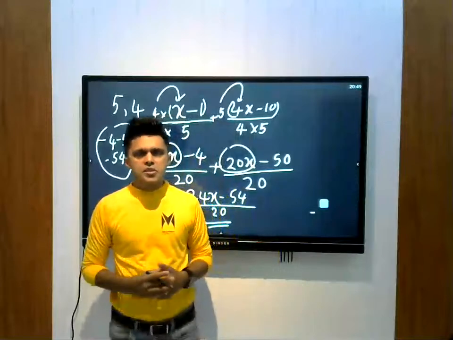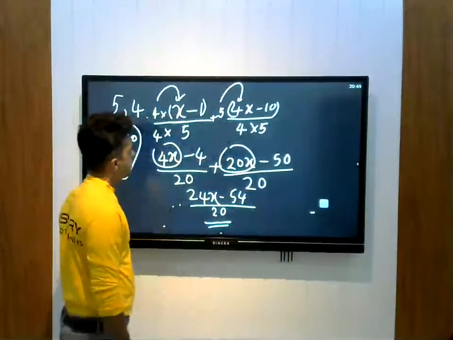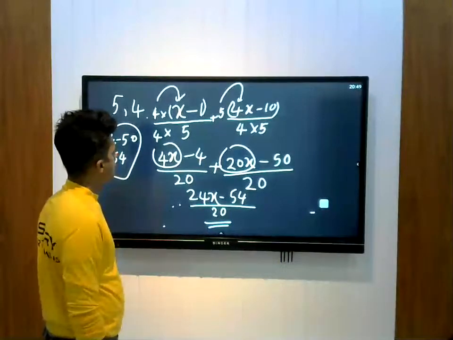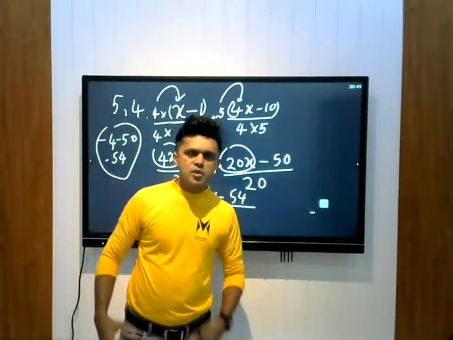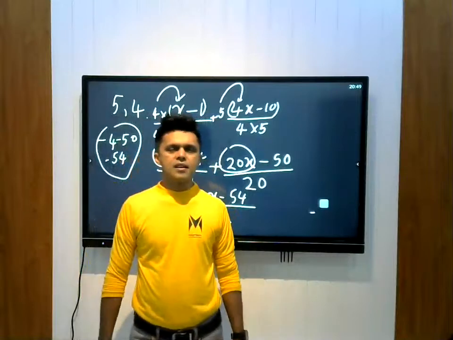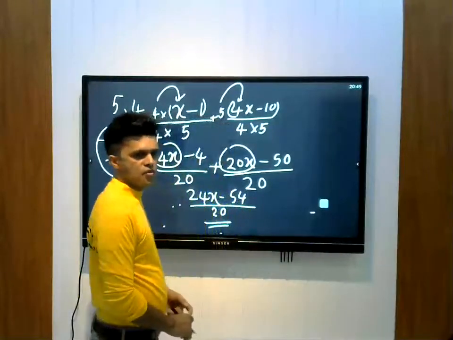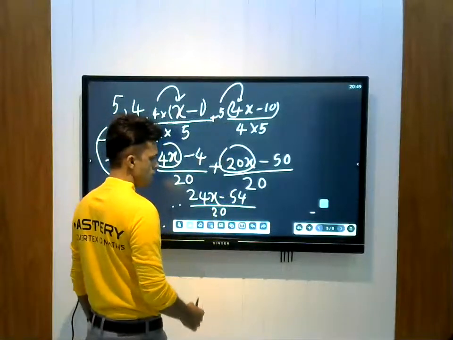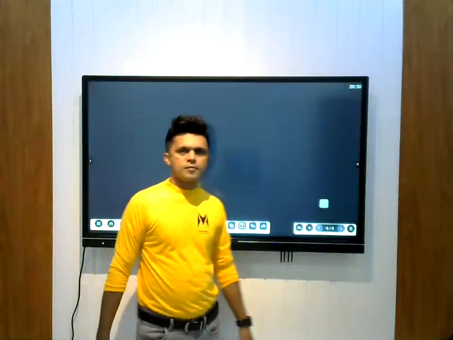So these are algebraic fractions. I'm able to teach you the equations or expressions related with algebraic terms. This type of one. How can you do this type of one?